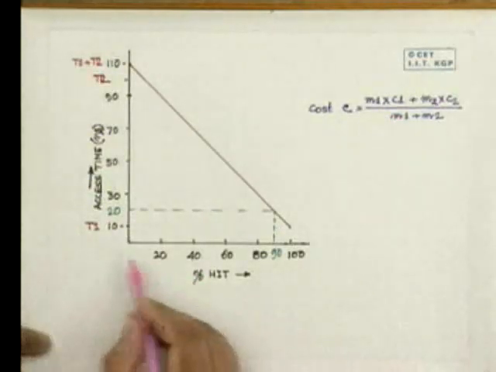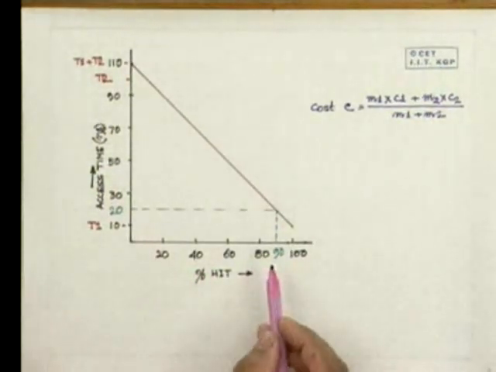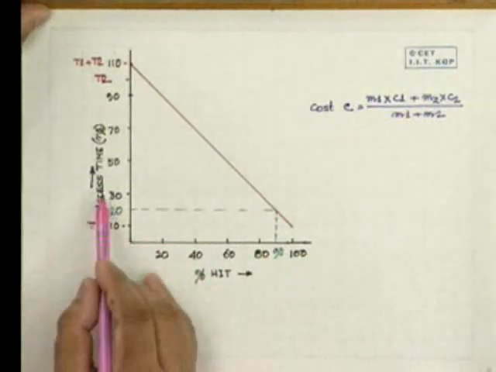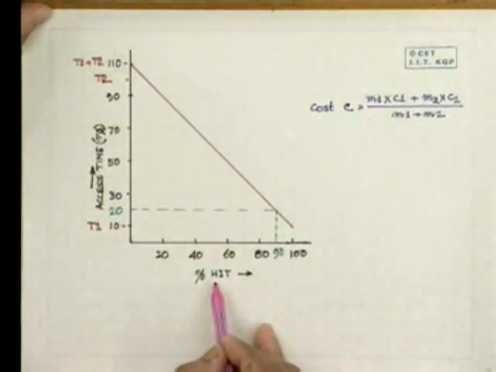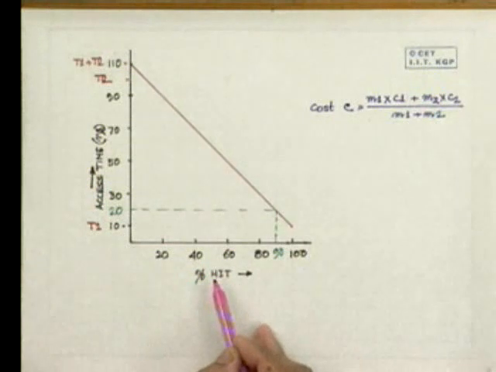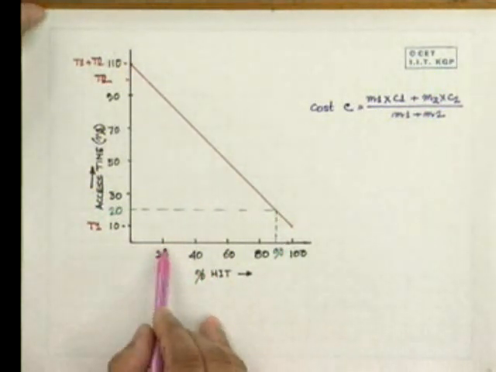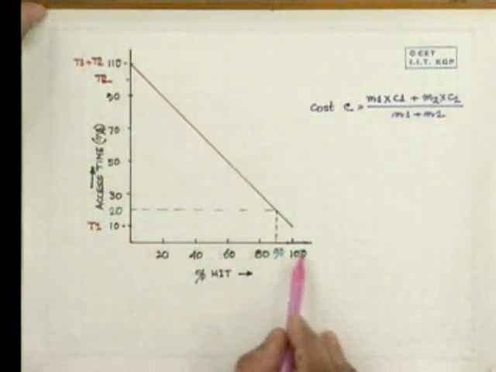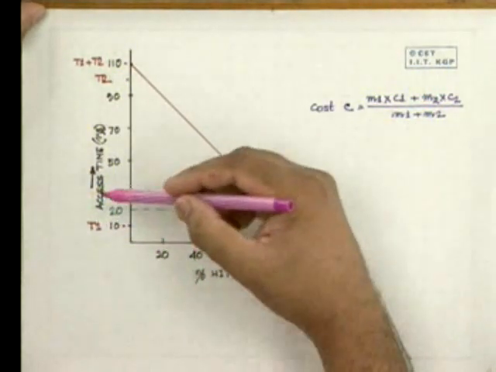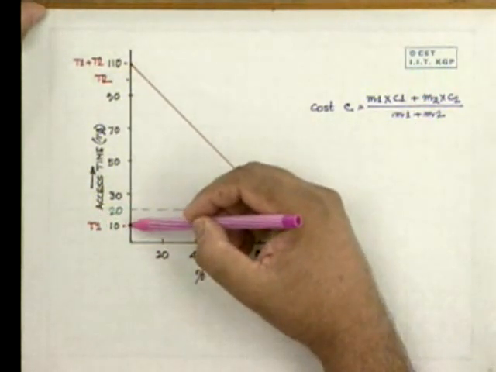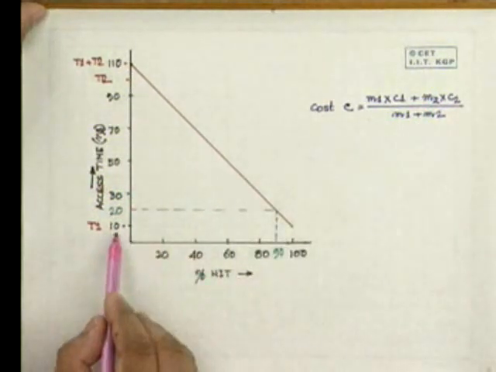Here we have shown the access time versus the percentage hit. Say the percentage hit is 20%, 40%, and so on over to here, and the access time is shown over here.